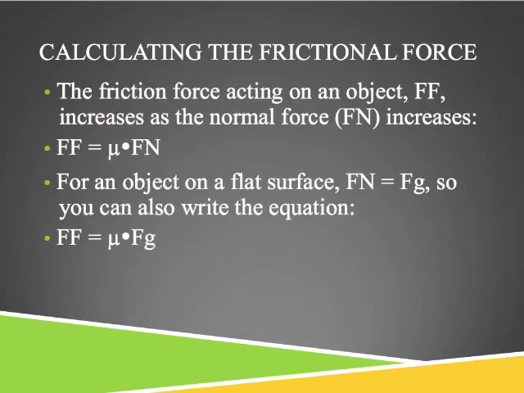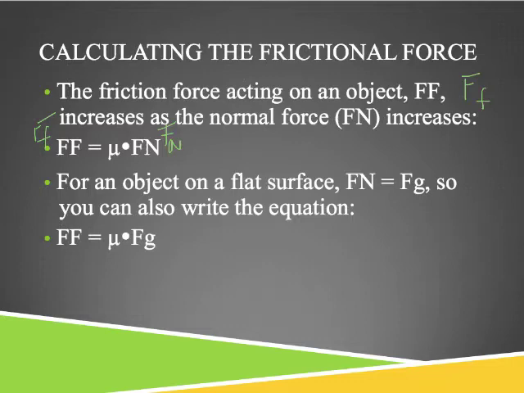So our focus will be primarily on sliding friction, and this is how you would calculate the specific frictional force if you know enough information about the surface that the thing is sliding on. Okay? So the friction force acting on an object increases as the normal force increases. Alright? And I know the letters are all capitalized, but remember this is F, Fn.